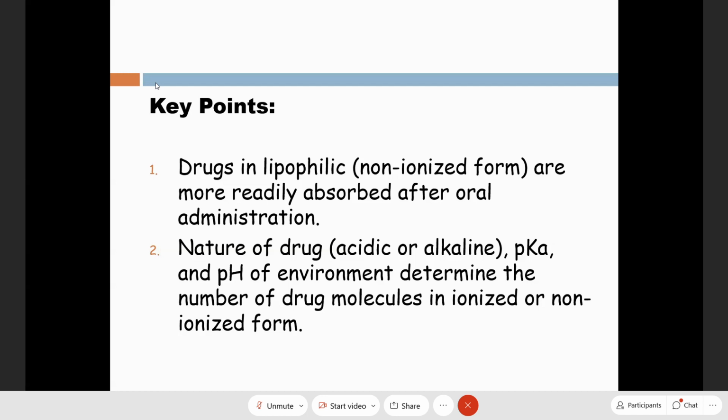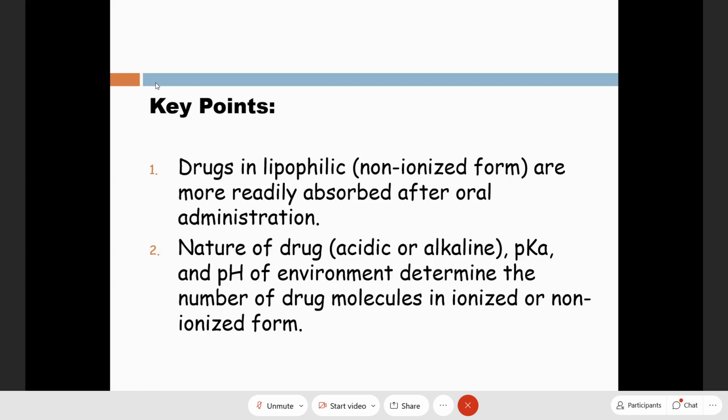It depends on the pKa of the drug, which is where 50% is in the ionized and non-ionized form, a ratio of 1 to 1, and the pH of the environment. The pH of the environment here refers to the stomach and the small intestine. The intestine is more alkaline, whereas the stomach is more acidic in monogastric animals. What I'm talking about here is mainly monogastric animals.